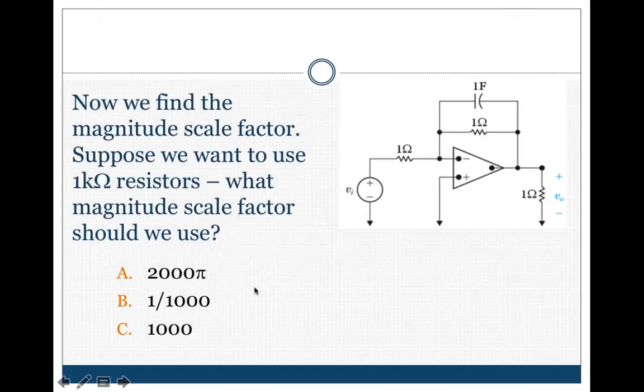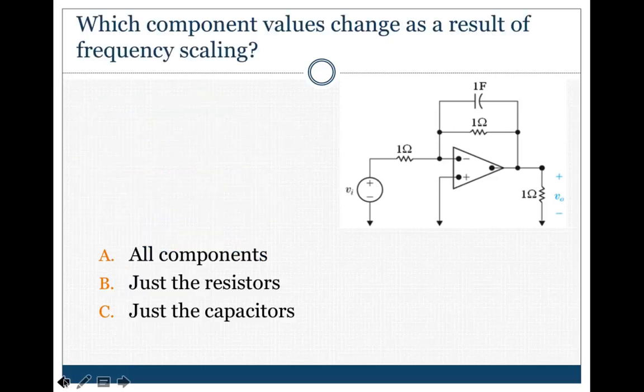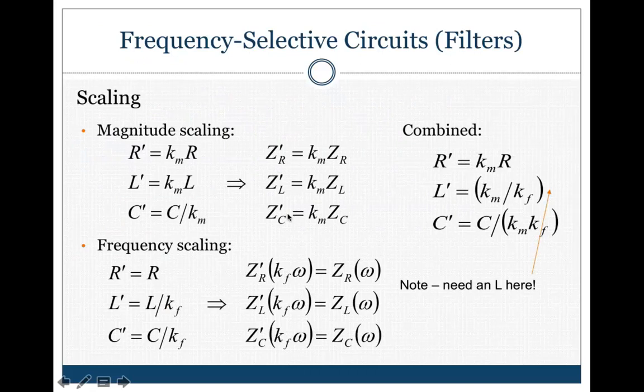Okay, now let's talk about a magnitude scaling factor. Here's our prototype filter. Suppose we wanted to use 1 kilo ohm resistors. What magnitude scale factor should we use? Let's go back and find the relationship for the resistor. Here's the new resistor value, here's the old resistor value, and here's the magnitude scaling factor.